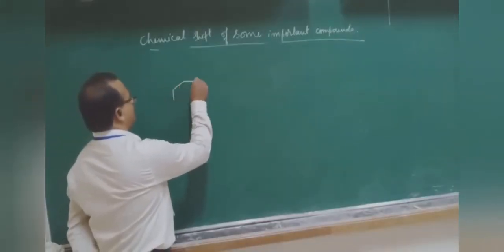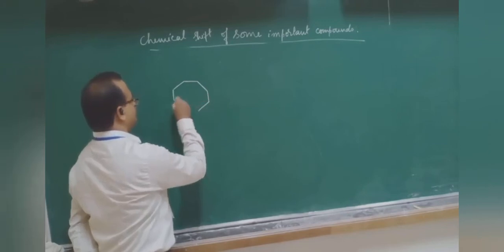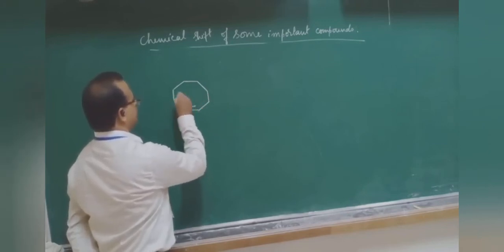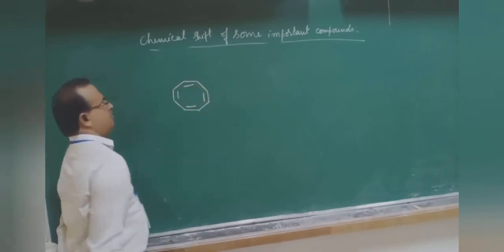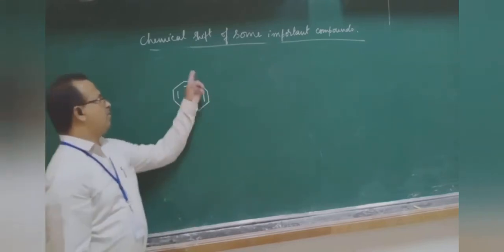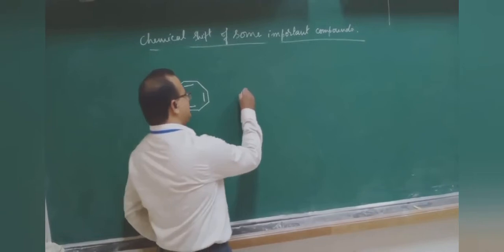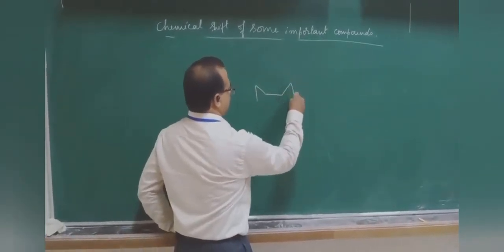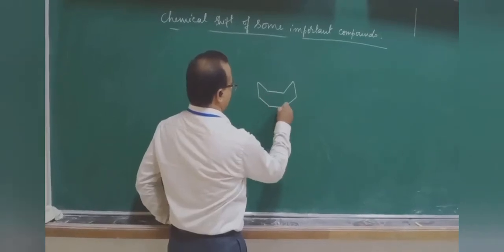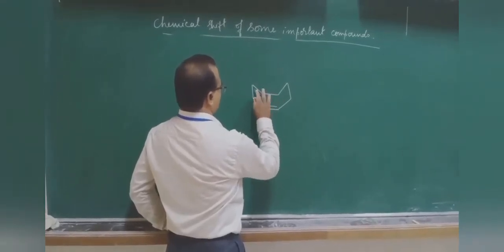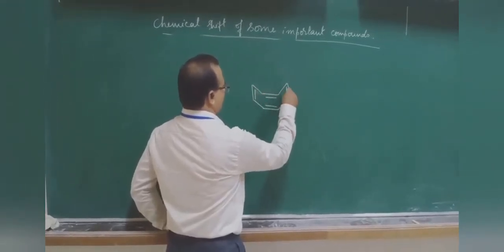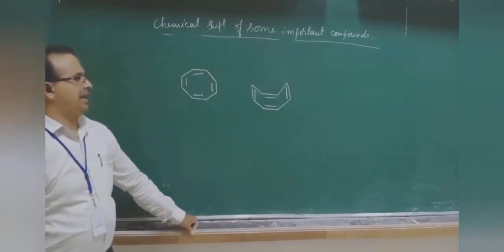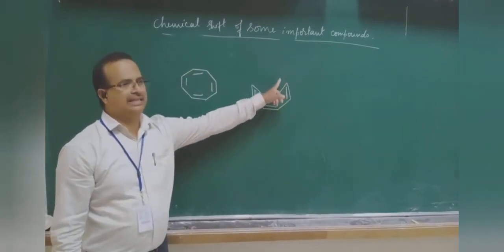We'll take cyclooctatetraene. Here all these carbon atoms are not in a single plane. It exists in a tub shape, and the extent of delocalization is very less here.